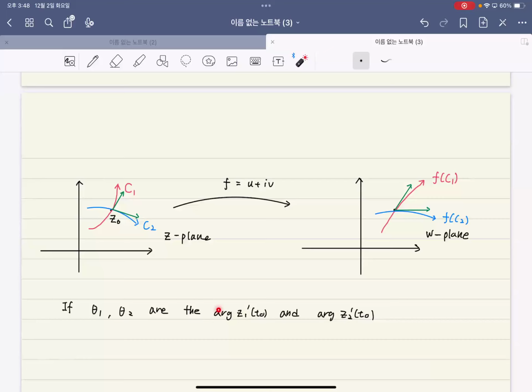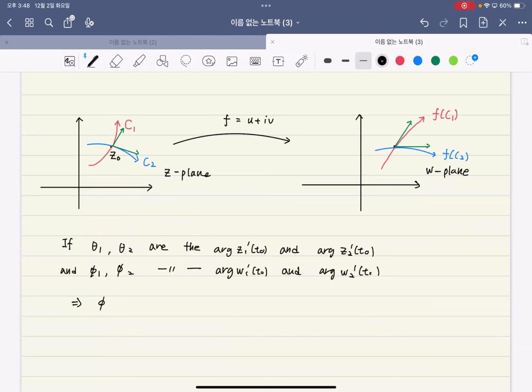You can consider the argument of this one and that one to be theta 1 and theta 2. And phi 1 and phi 2 are the argument of w1 prime of t0 and w2 prime of t0.